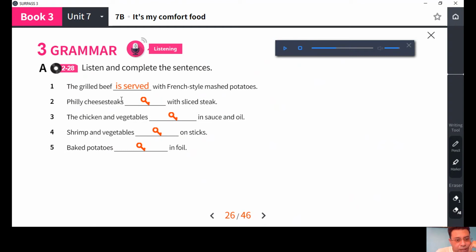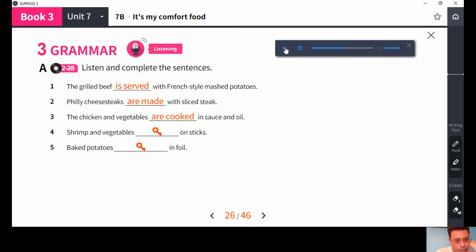We have an S, so it's plural, so we are going to use are made with sliced steak. The third: the chicken and vegetables are two words here. That's why we use are, and the verb in past participle: are cooked in sauce and oil.